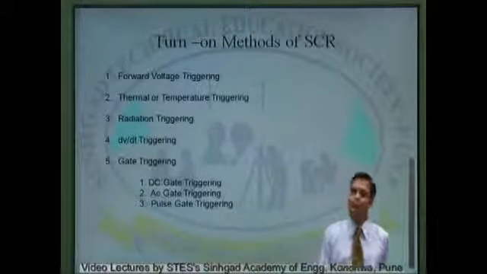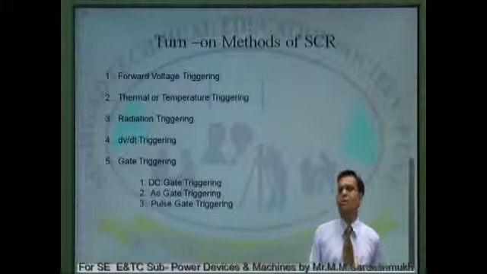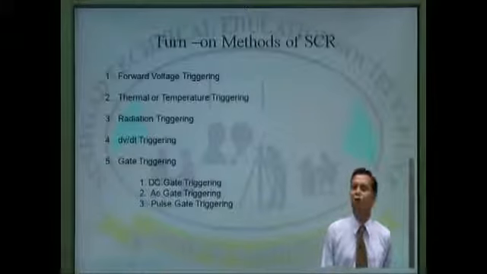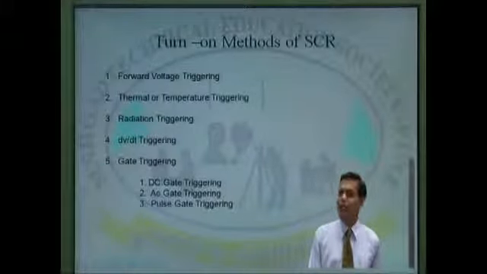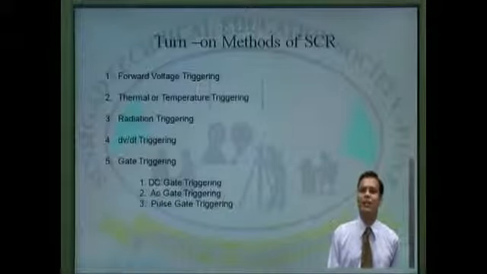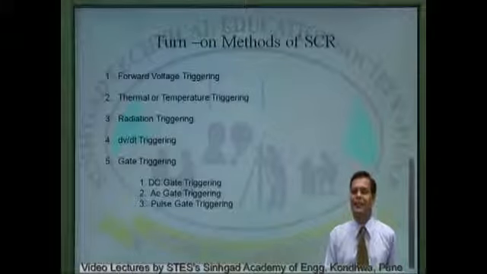So in total it produces a capacitive effect, and if the rate of change of applied voltage across the capacitor changes, then the current flowing through the capacitor will increase, which is proportional to dV by dt. This way also we can increase the amount of current flowing through reverse biased junction J2, and we can turn on the thyristor.